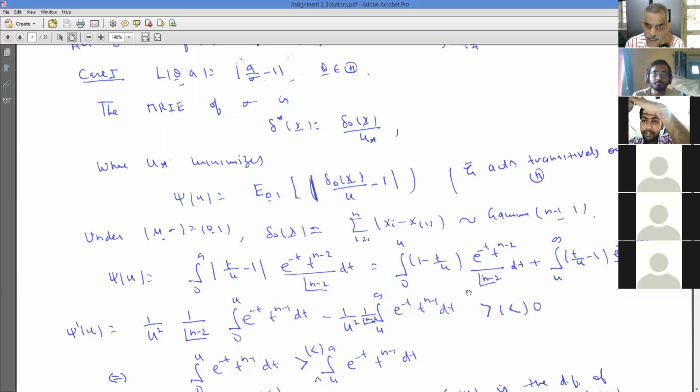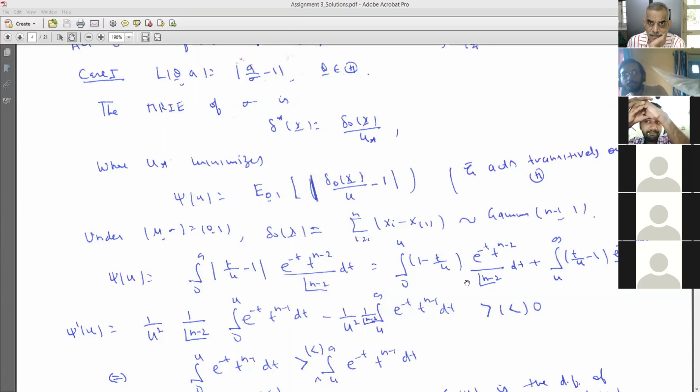And it would be the other way, t by u minus 1, when t is greater than u. That is the reason I have broken this integral into two parts, depending on whether t is less than u or greater than u. Is that okay? Yes, sir. So this is what it becomes.